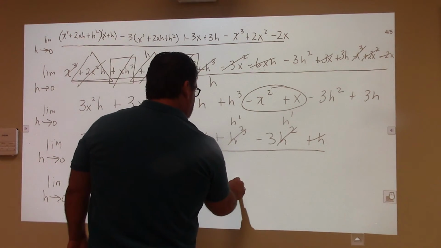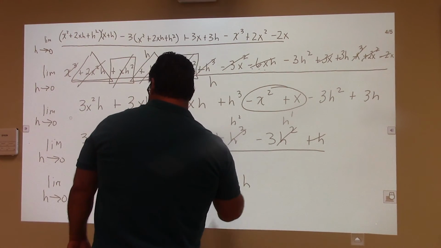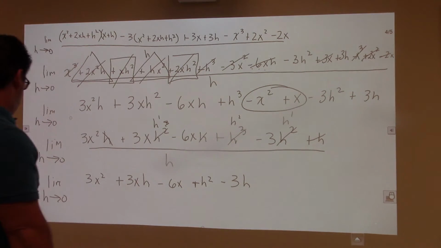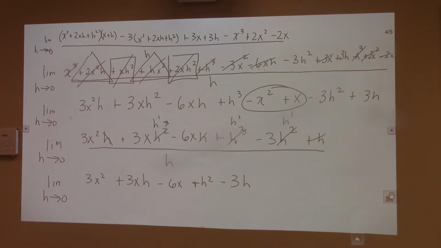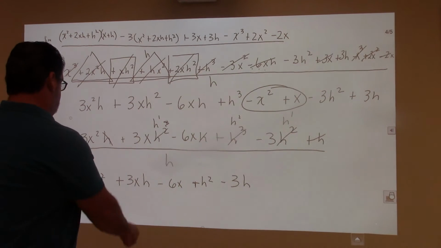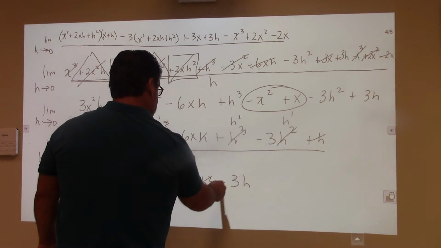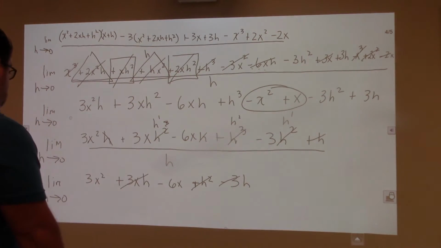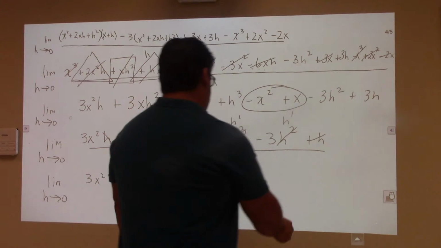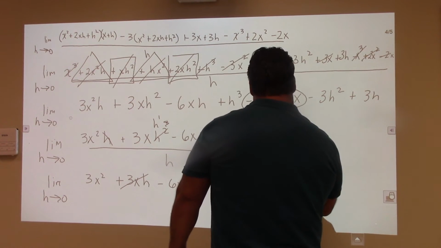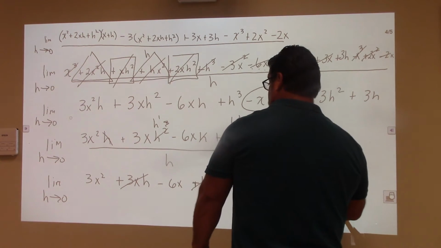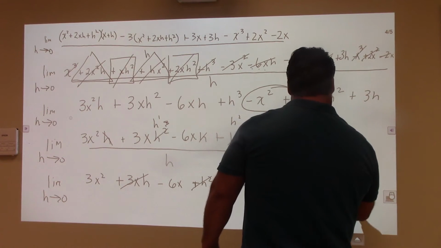Minus 3h. Right? Now when you plug in the 0, what does that do to the h terms? Cancels that one out. Cancels that one out. Cancels that one out. And that leaves us with 3x squared minus 6x.